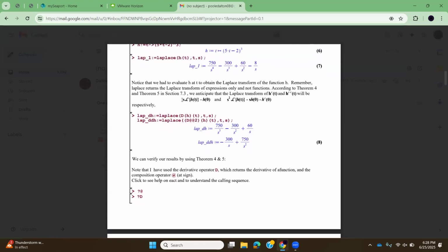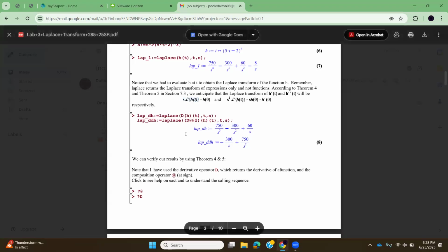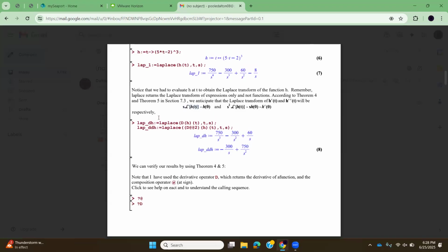And this funky thing here is basically just saying s times big F of s, because we know the Laplace transform of h of t is, I guess, big H of s. They're using h instead of f, but same kind of deal.